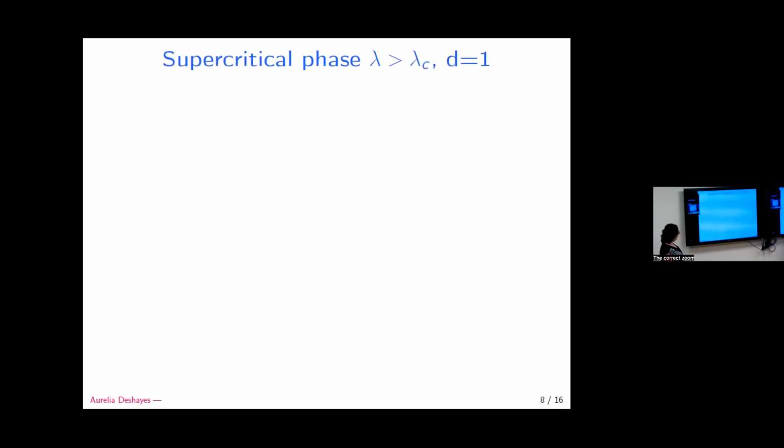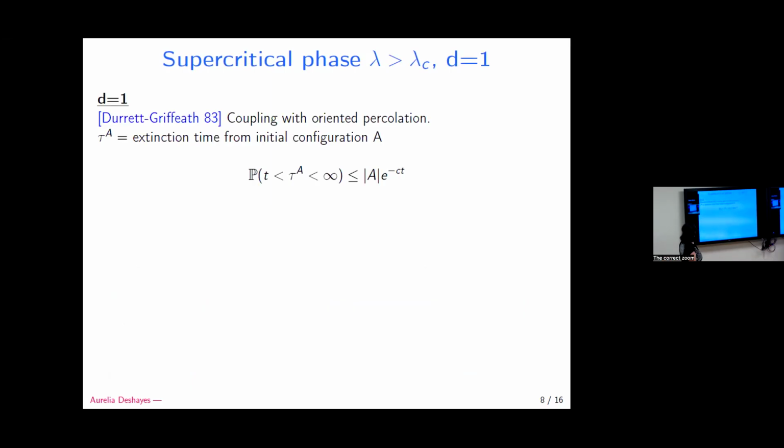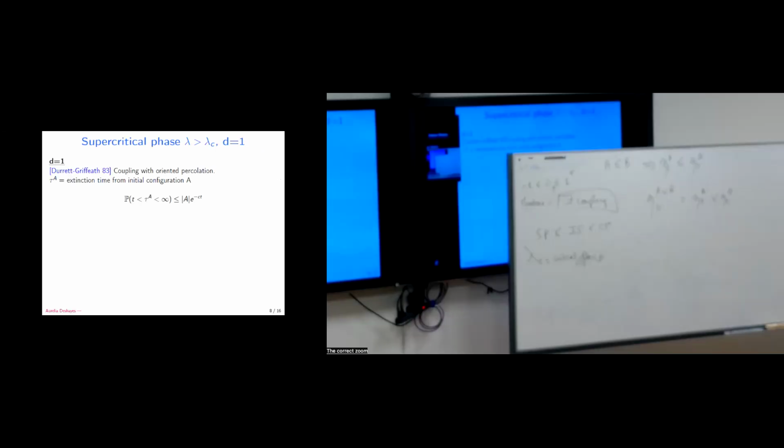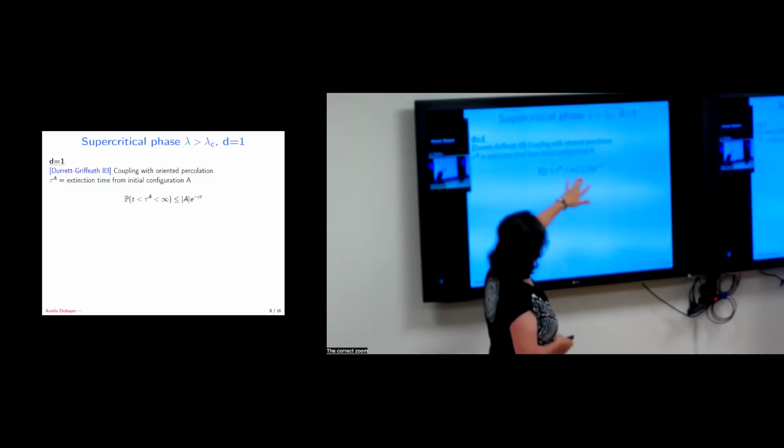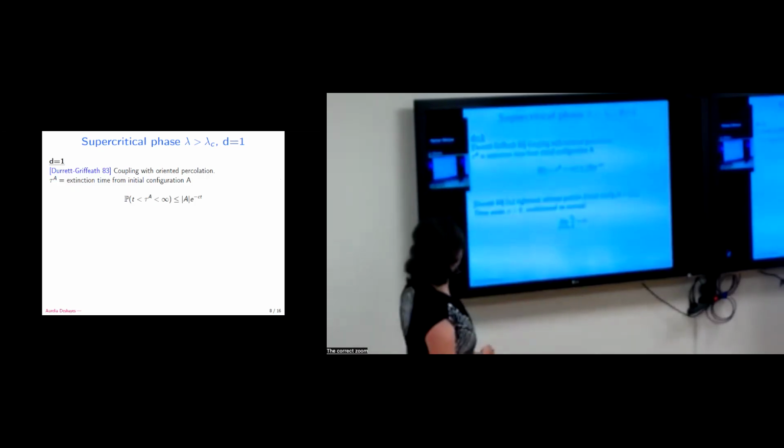Okay, so for the contact process, the results are quite old. First, Durrett and Griffeath proved a coupling with oriented percolation, and proved this result, which will be useful later: the extinction time of the process has an exponential tail.